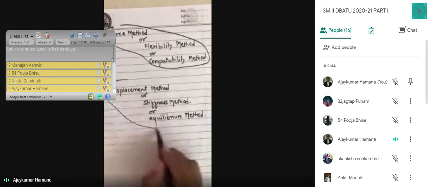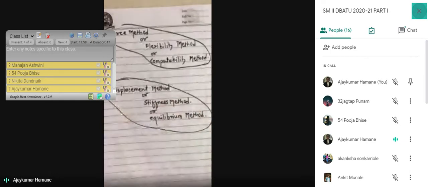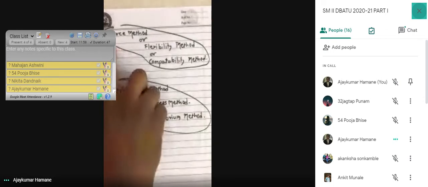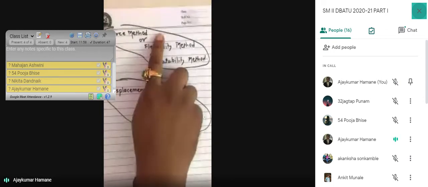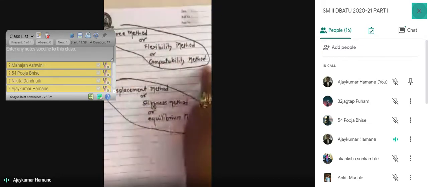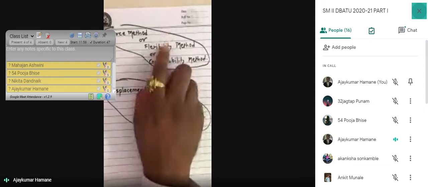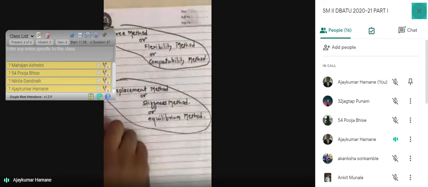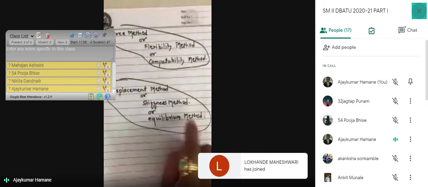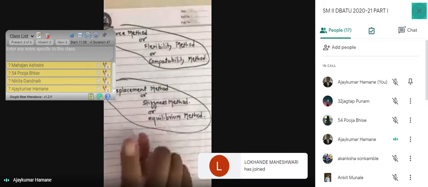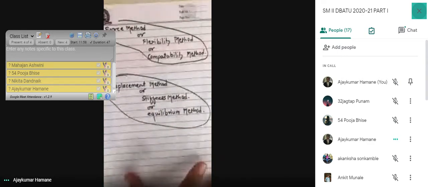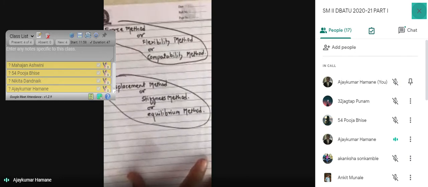So you should not be confused when in a numerical they say solve this numerical by force method. That means you have to solve by flexibility method. Solve this numerical by compatibility method, that means it is a flexibility problem. Solve this numerical by displacement method, that means it is a stiffness problem. Solve this numerical by equilibrium method, that means it is a stiffness problem. Okay, students? Now, what is actually the difference between flexibility, that is force, and displacement method?